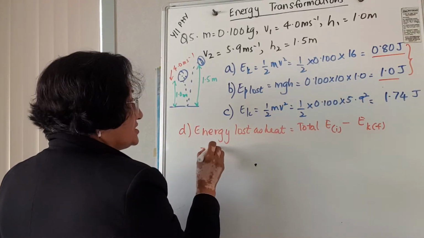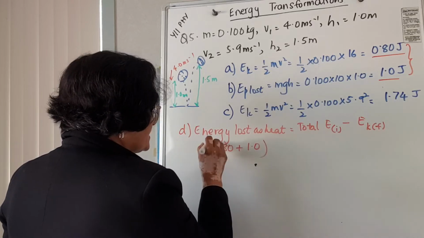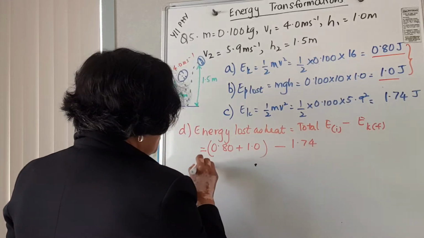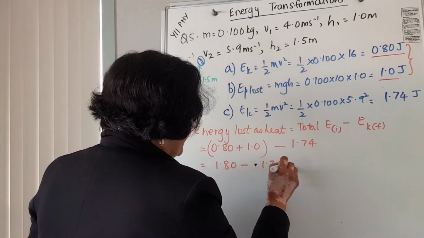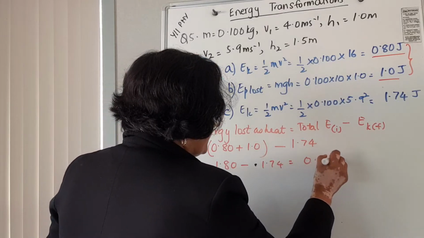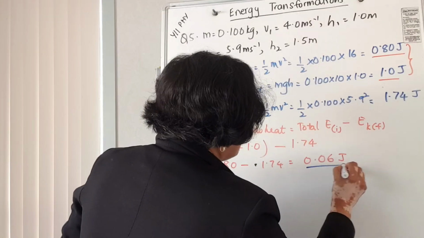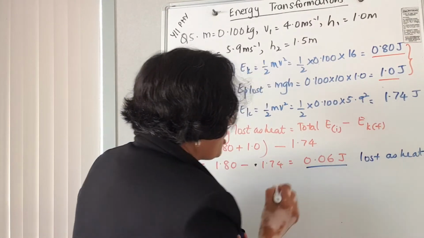Your total energy is 0.8 plus 1.0. This is your initial energy minus 1.74. So this is 1.80 minus 1.74. You get 0.06 joules. So that's the amount of energy that's been lost as heat. Okay, on its way down.